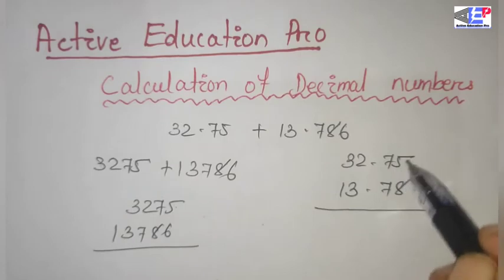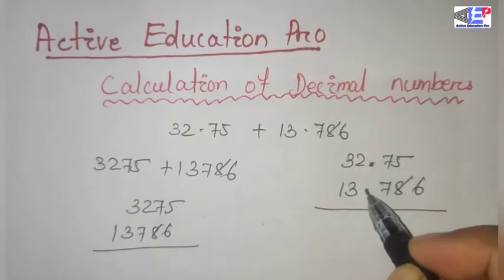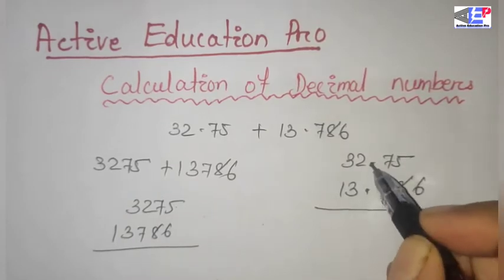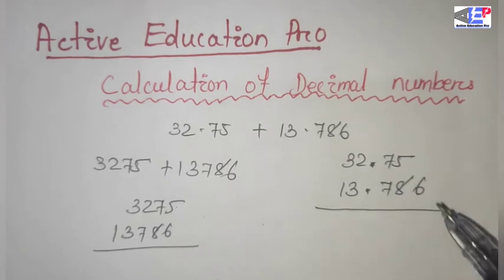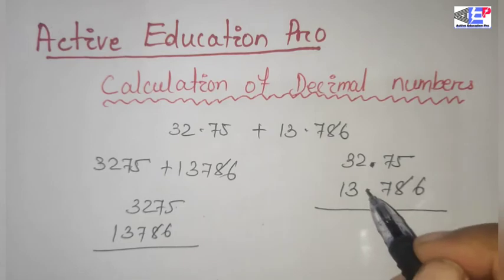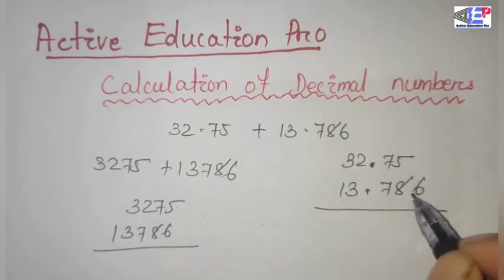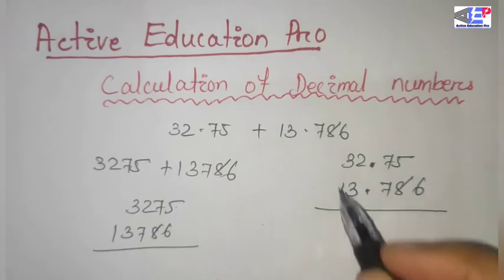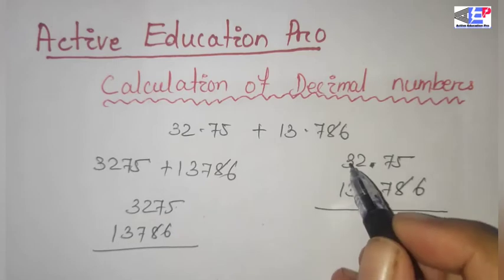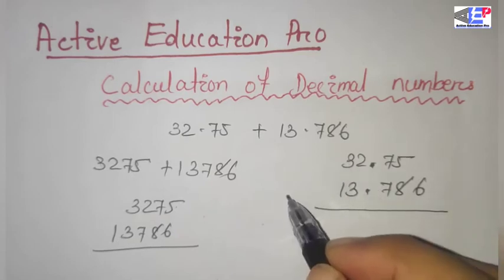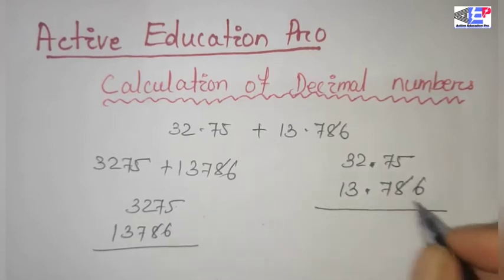But in decimal numbers, the decimal points are aligned with each other, and the remaining digits extend towards the right side and left side. If the digits on the right side exceed the other number's, it extends towards the right. If the left side digits are more than the other number's, it extends towards the left side.